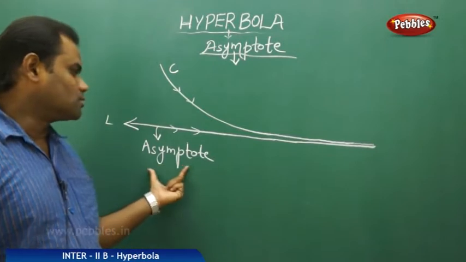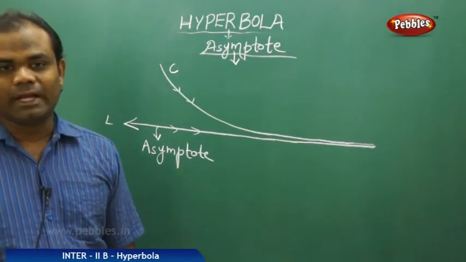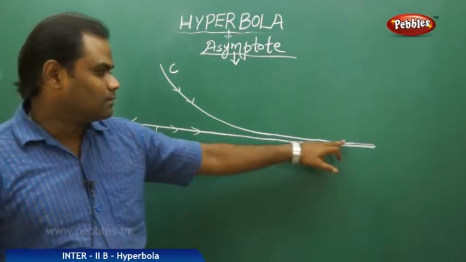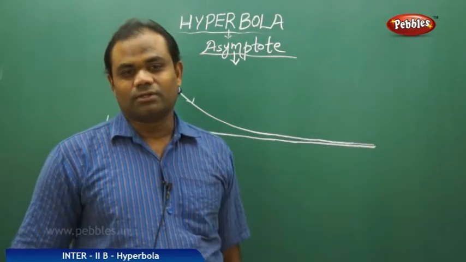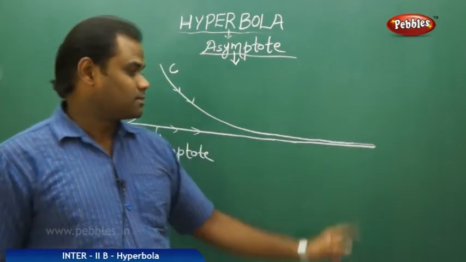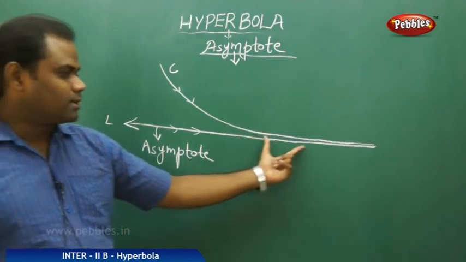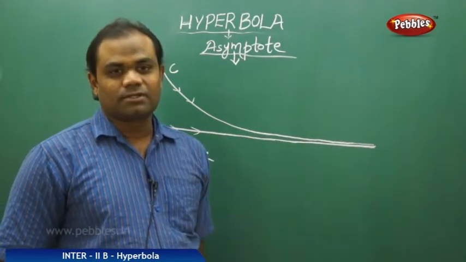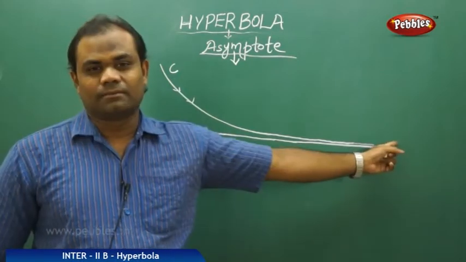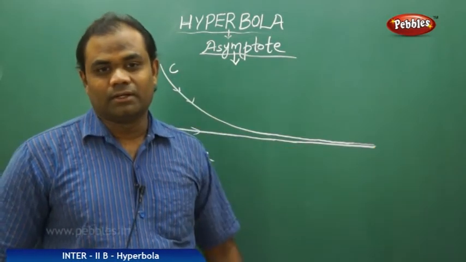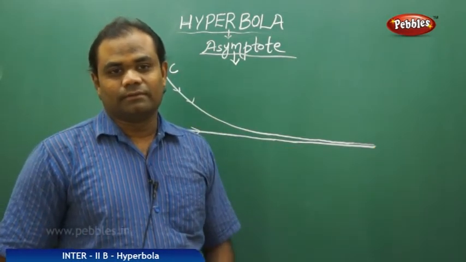A line which tends to touch the curve but never touches is called an asymptote. In this case, this line L is an asymptote because it tends to touch but never touches this curve C. Is how we understand the asymptote for a given curve.